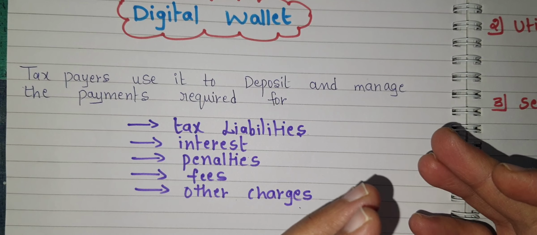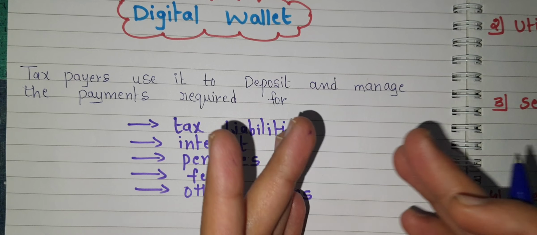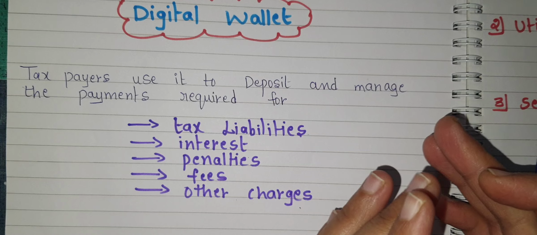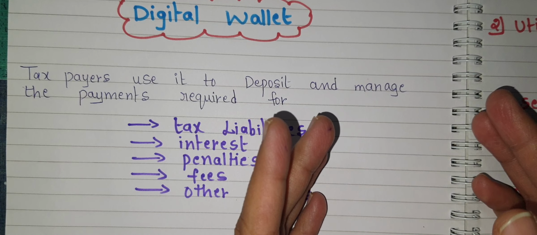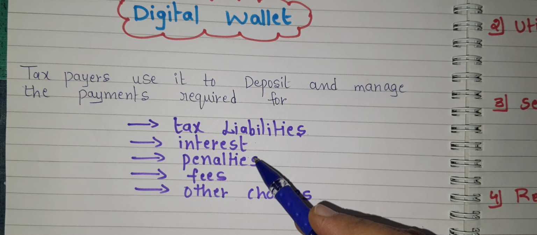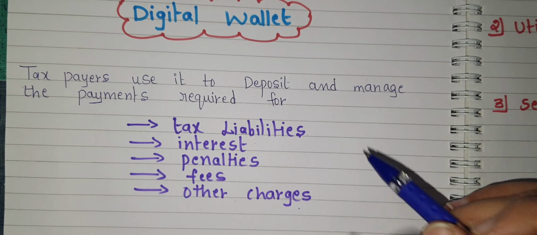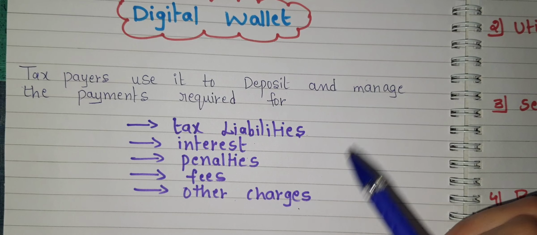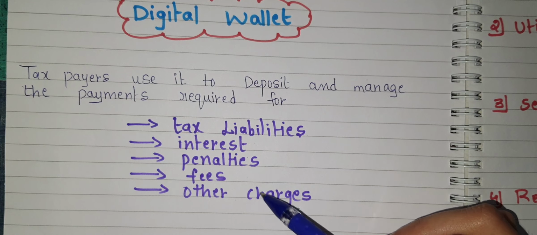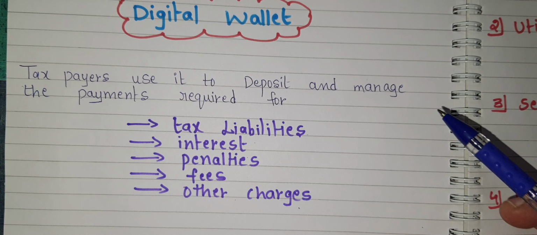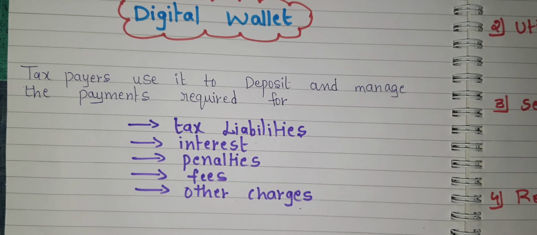That means CGST, Central Goods and Service Tax, or SGST, IGST or UTGST, Union Territory Goods and Service Tax, or any other cess, or any interest, penalties, fees and other charges. They will utilize the deposit for payment of these. So that's why we call the electronic cash ledger a digital wallet.